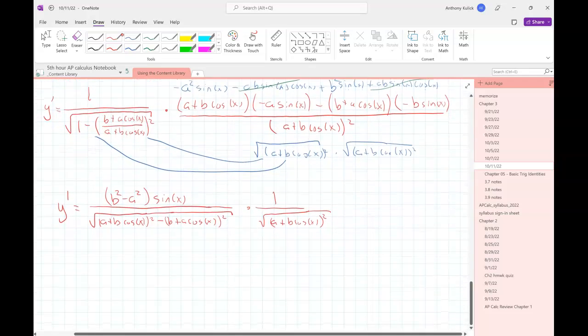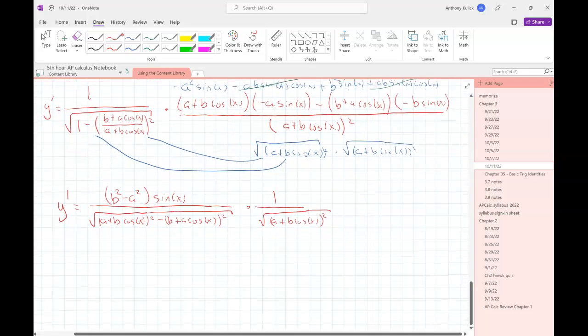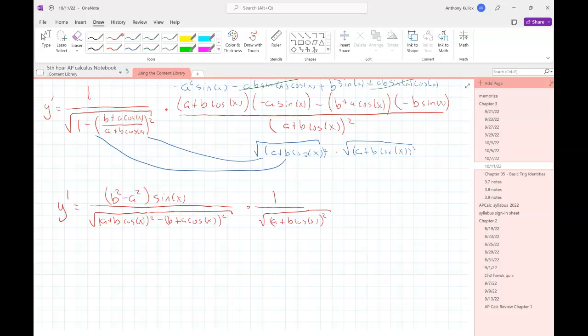So now I'm down to this. Can I do much better than that? Well, let's write that in blue below.